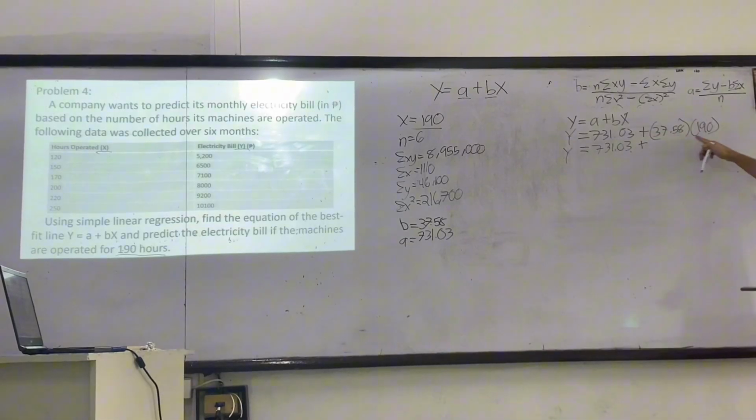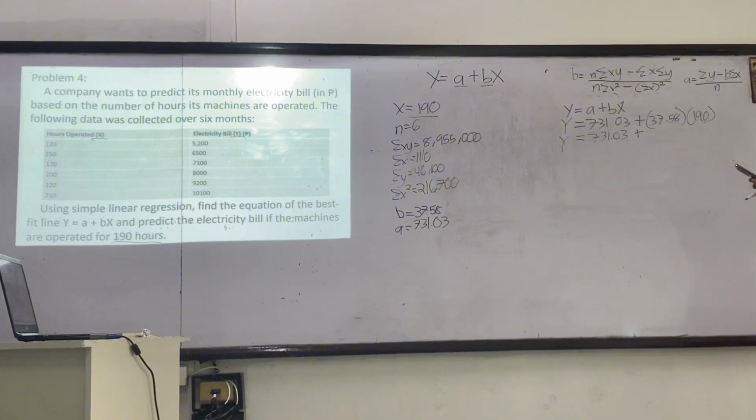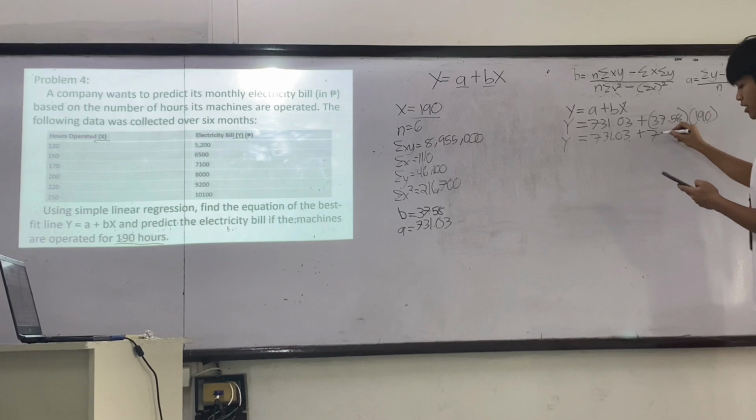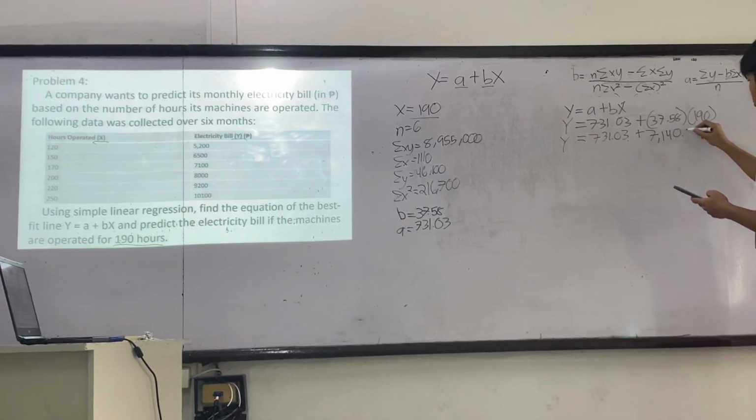Let us first simplify the values of the parentheses. So 37.58 times 190 is 7,140.2.